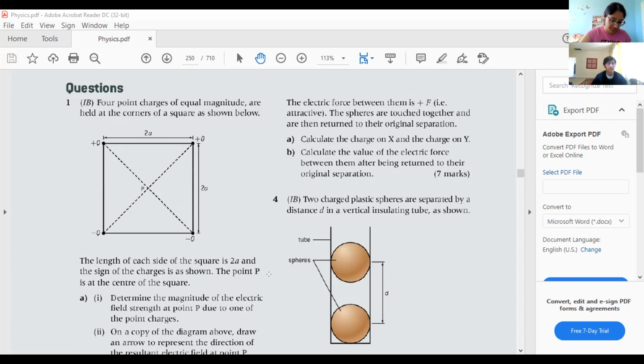For K, since it's KQ over 2a squared, would we multiply it out, or do we just leave it? I'm not too sure about IB, but I know for AP, you're allowed to just leave the K because it's recognized.